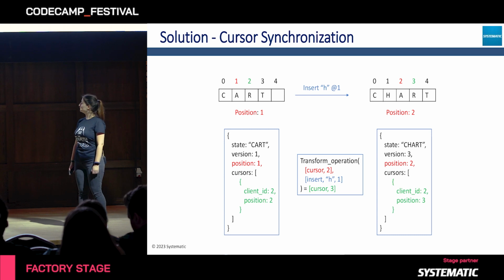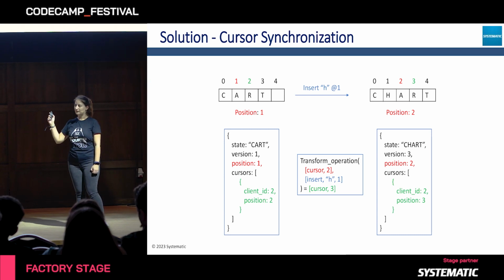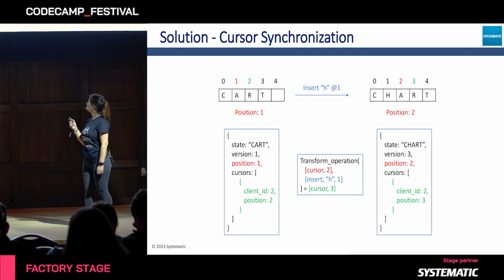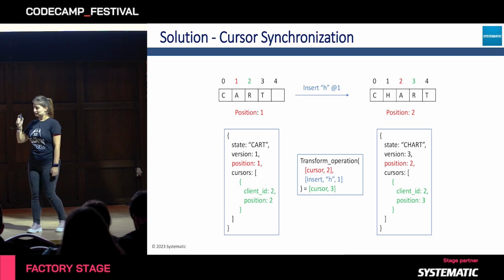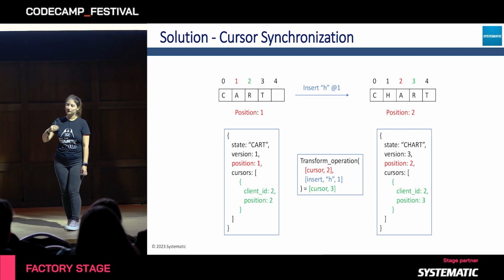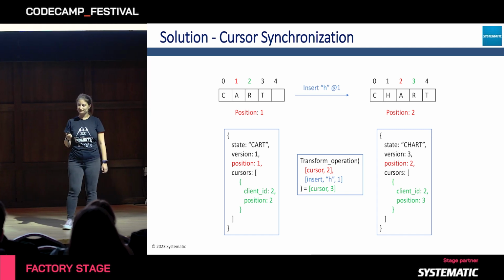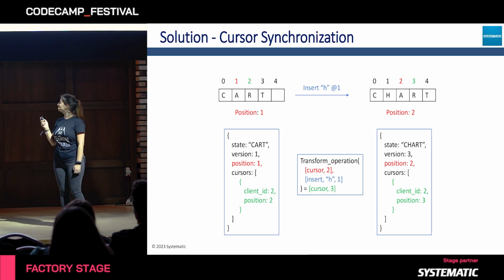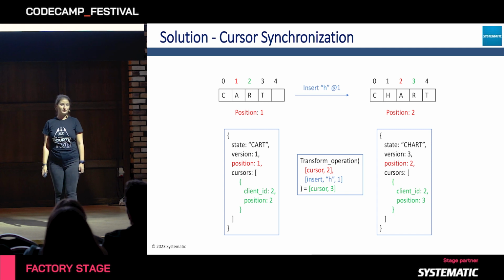And let's say that user 1 wants to add H at position 1. What happens at that point is that we get chart, and the cursor of every user is moved one position. So we get that JSON. This is how the operation looks.